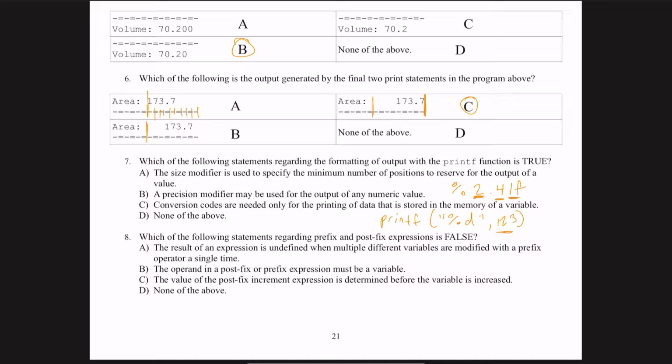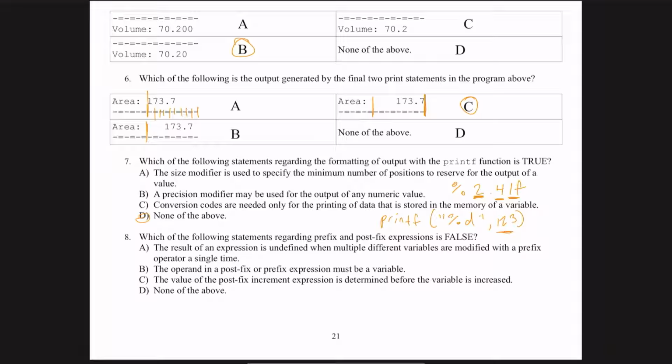Do we want to display it as a char, using our ASCII table, or do we want to display it as a number? What type of number do we want to display it as, right? So C is false. Conversion codes are always needed. Therefore, the answer is D, none of the above.